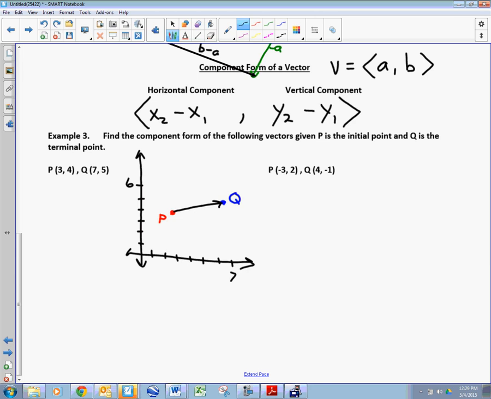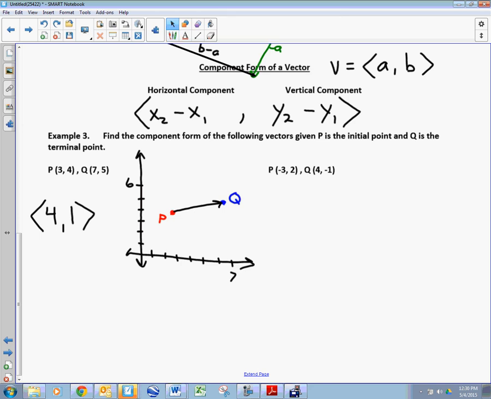Now, what I'm going to do is I'm going to write it in component form. In order to write it in component form, I subtract the x values. 7 minus 3, 4. 5 minus 4, that's the component form of the vector.